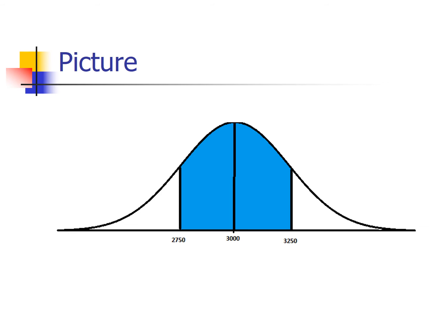It's centered at 3,000. And so if I want the area between 2,750, which is to the left of it, and 3,250, which is to the right of it, that area is going to be 68%. That's the same as saying the percent of walruses that weigh between 2,750 pounds and 3,250 pounds is going to be 68%.